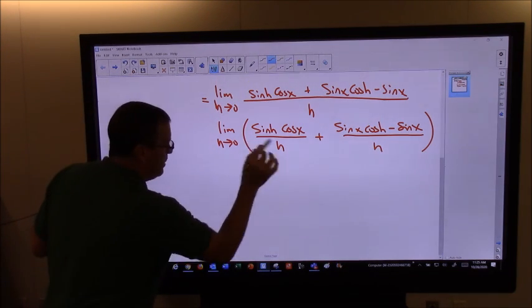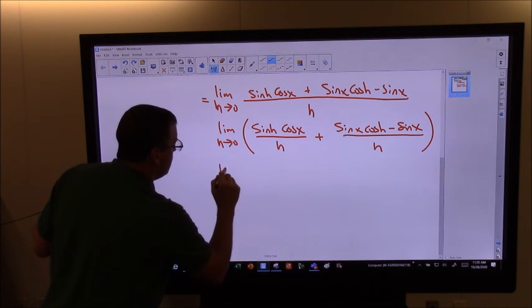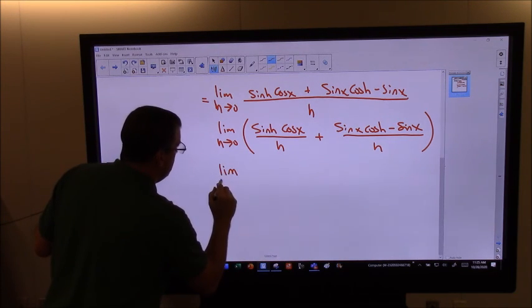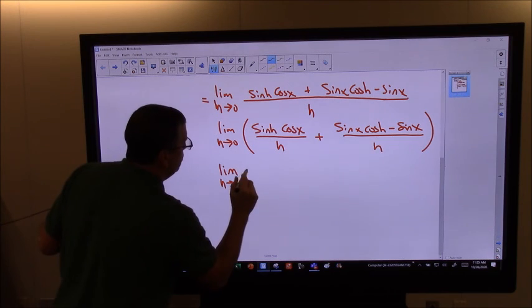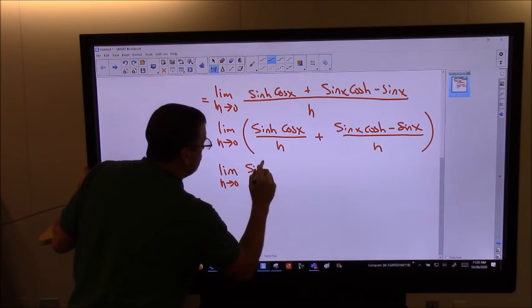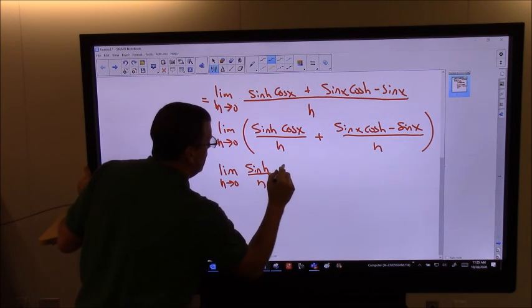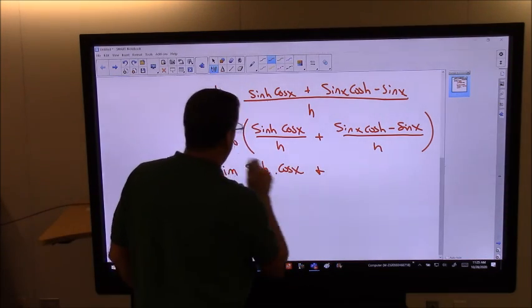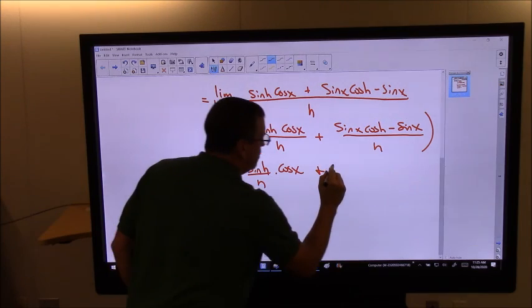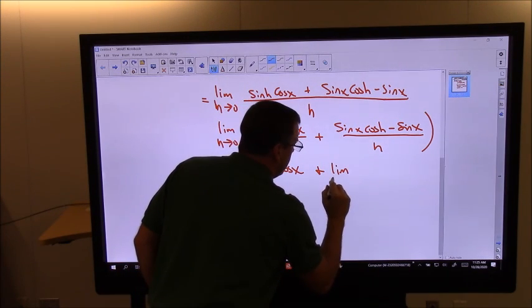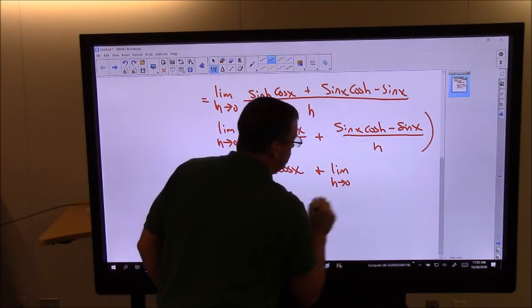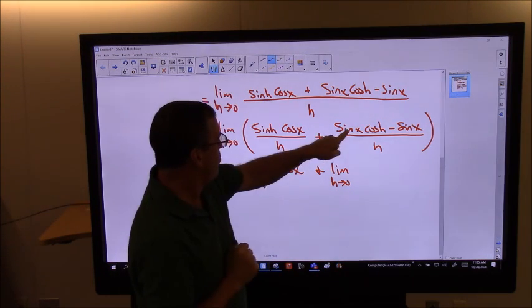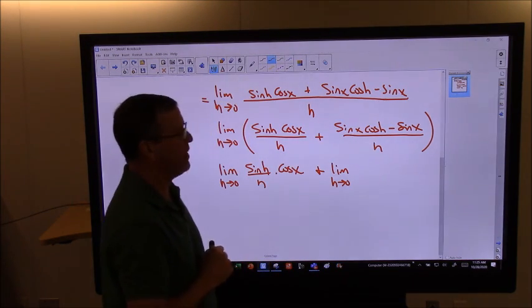So I'm going to write this one more time, a little bit different. The limit as h approaches 0 of sine h over h times cosine of x, plus, this limit goes with that as well. So the limit as h approaches 0, and I'm going to factor a sine of x out of each of those.